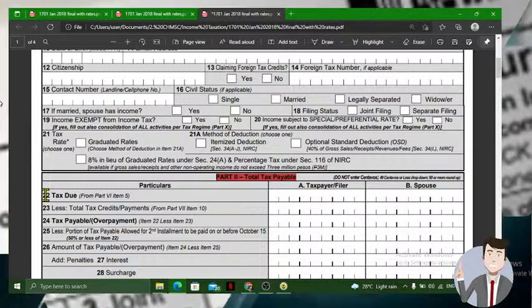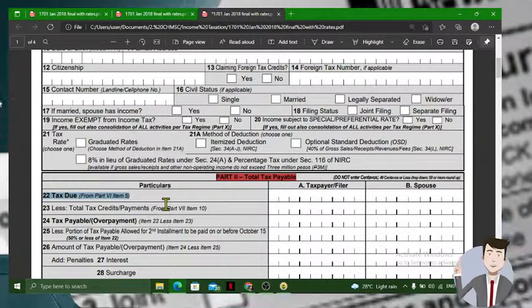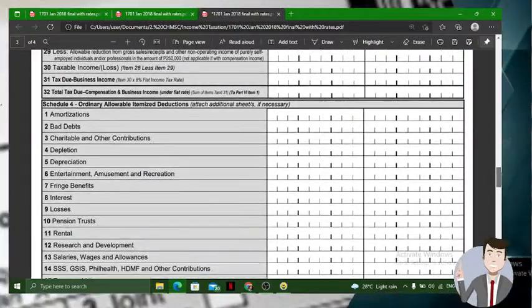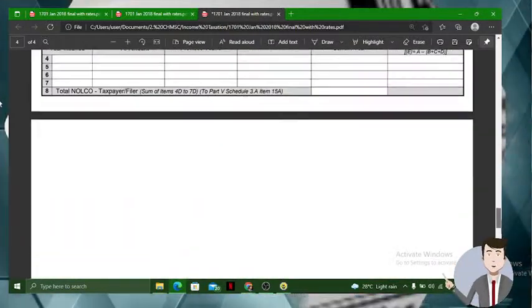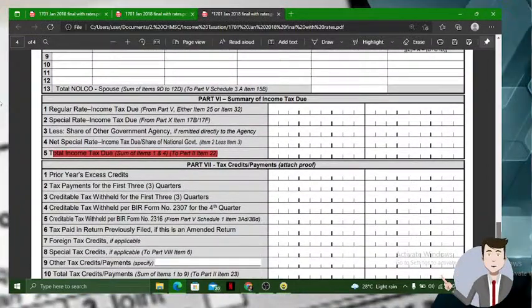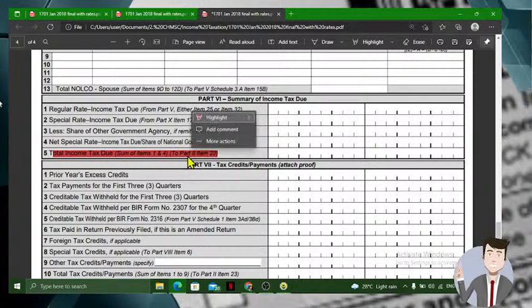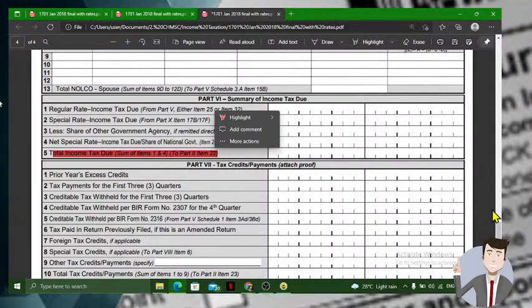So, ang tax due on your item 22 came from part number 6. Okay. Part number 6, number 5. Okay. Nakita nyo man. Hambalya item 32 ko no. 22 gali. Okay? So next is part 7, that is tax credit payment.